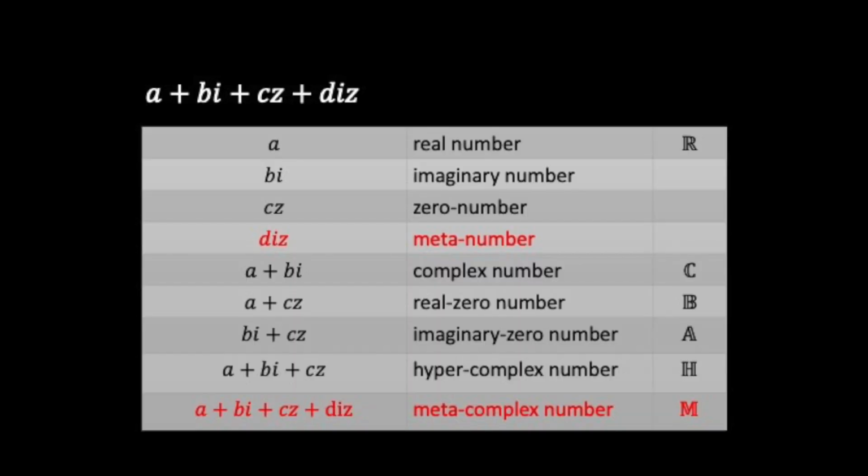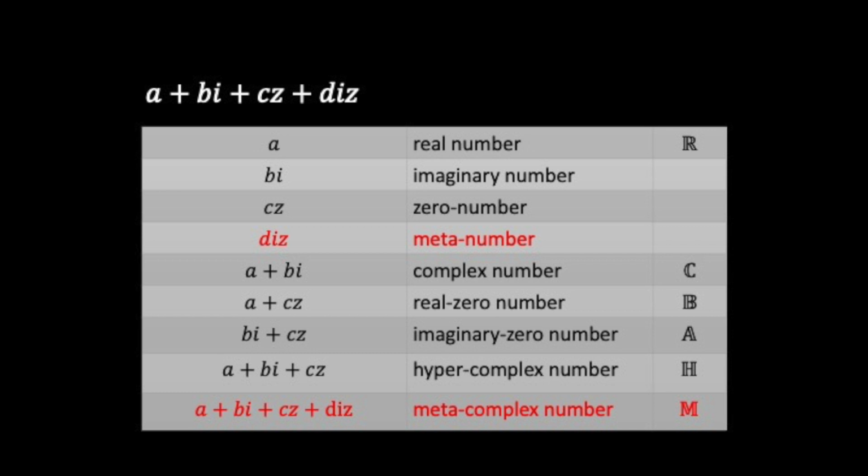The set of all meta-complex numbers we will call M. Let's add the sets of meta-numbers and meta-complex numbers to our list of number sets from the previous video. The new sets are indicated in red.